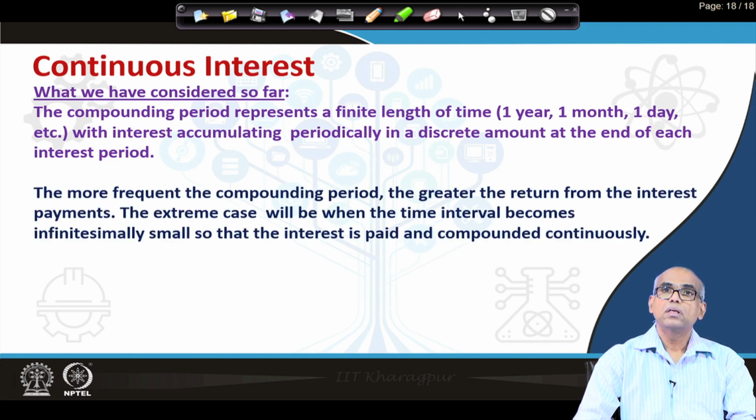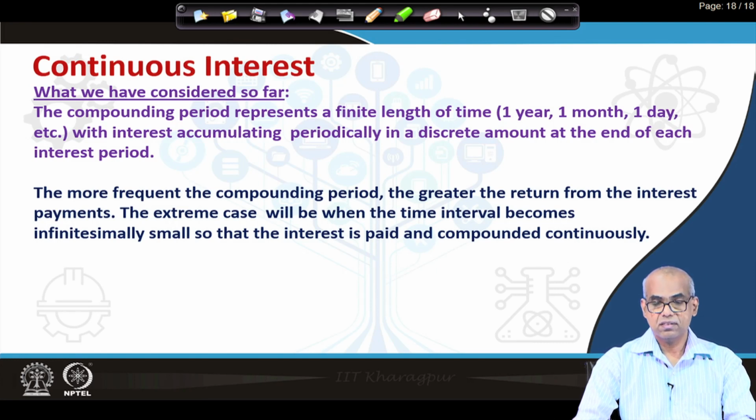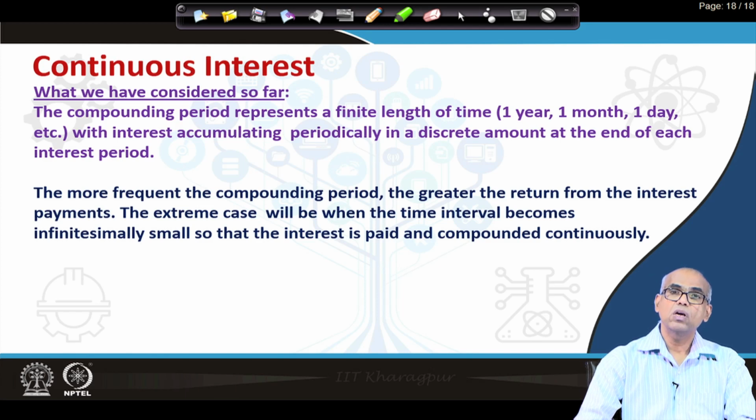We know that the more frequent the compounding period, the greater the return from the interest payments. So, if you go on increasing the frequency with which you compound the interest, in the extreme case, you will reduce the time interval extremely small, so that the interest will appear to be paid and compounded continuously. So, when the interest is paid and compounded continuously, we call it continuous interest.